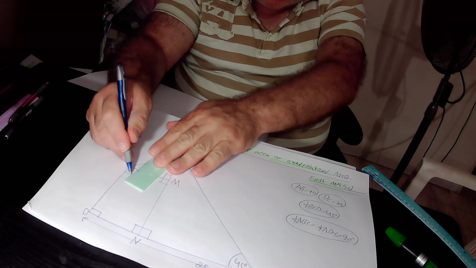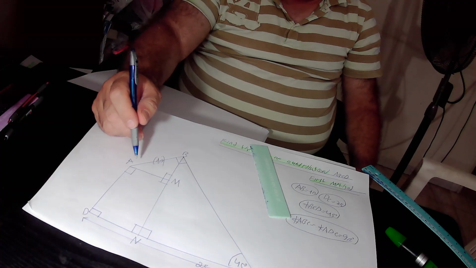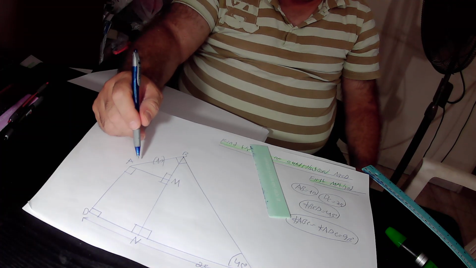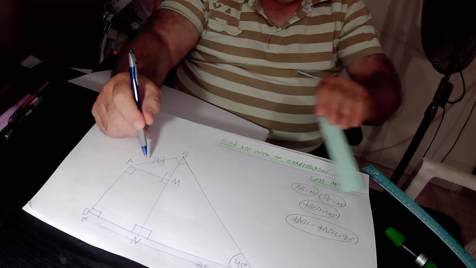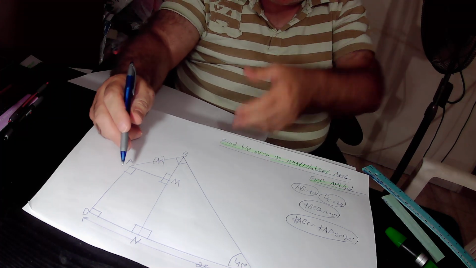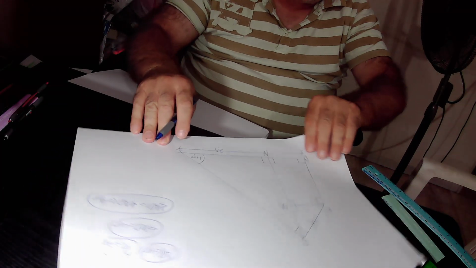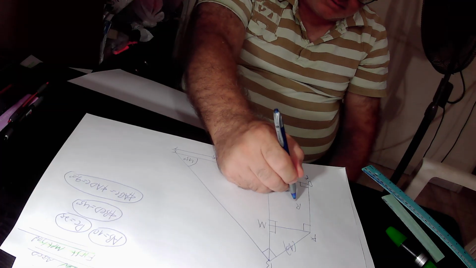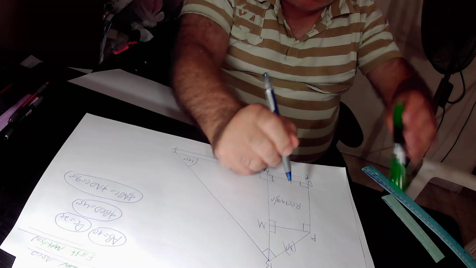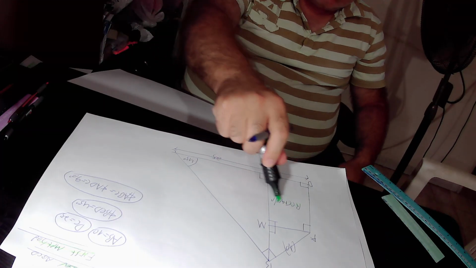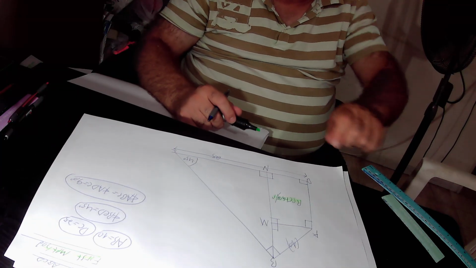So inside quadrilateral AMND, we have 4 right angles, and therefore quadrilateral AMND is a rectangle. This is a rectangle because it has 4 right angles. We also know that the opposite sides of a rectangle are equal to each other.